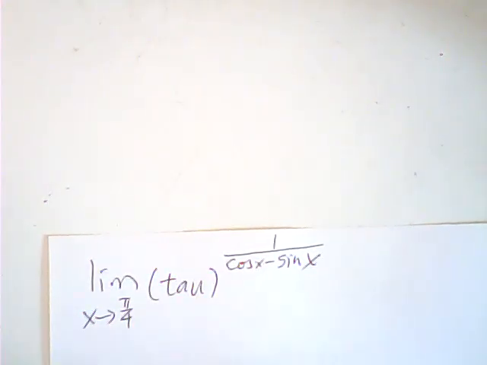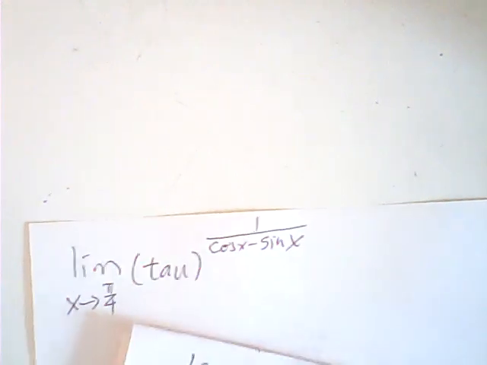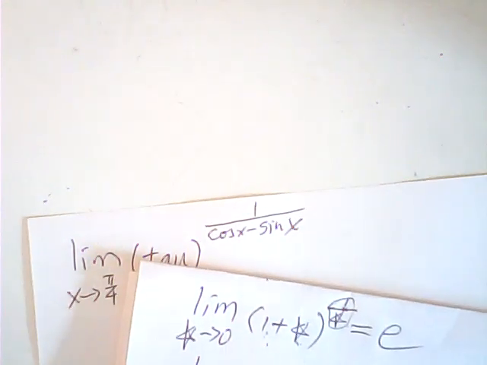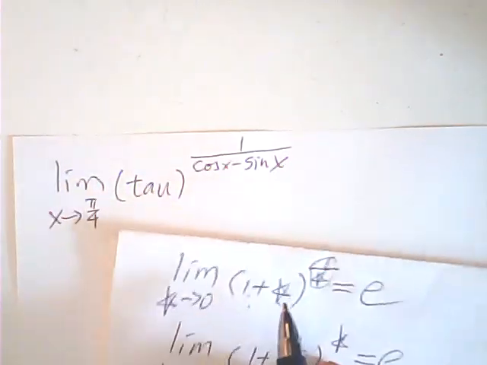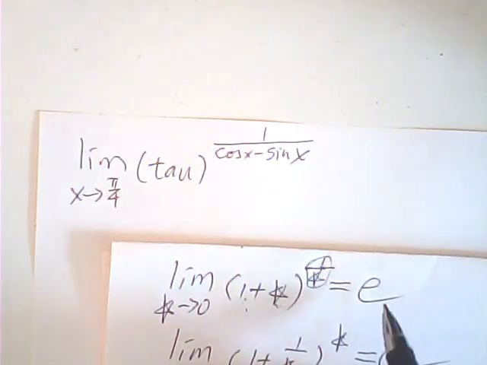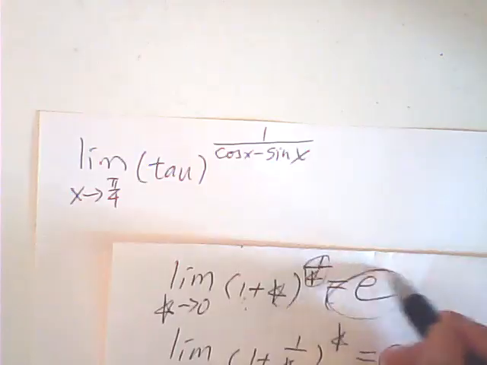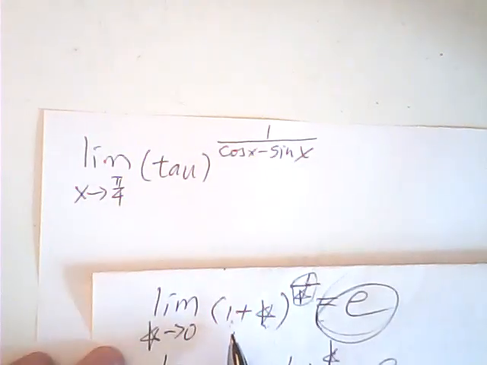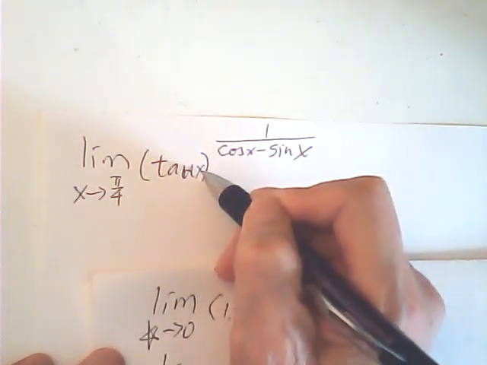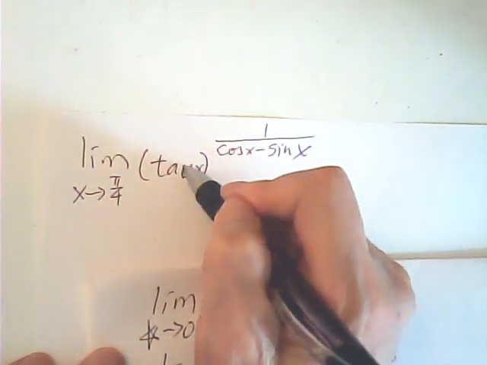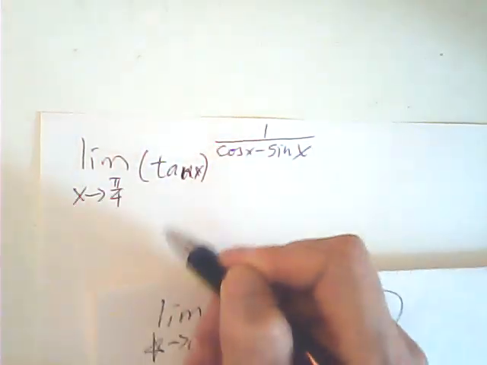And I must be using, where's the formula? Yeah, those are formulas, right? So I want to create the formula so I can use this one. I can bring e. Now, how do I create this one? I must create 1. See, this is tangent x.